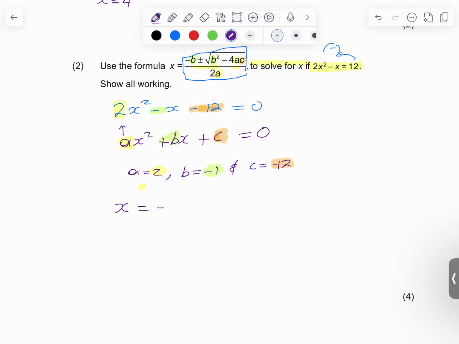So I've got negative b, which will be -1, plus or minus the square root of, again, where there's b, you substitute -1, minus where there's a, you substitute 2, where there's c, you substitute -12.